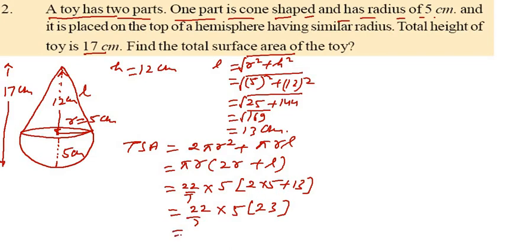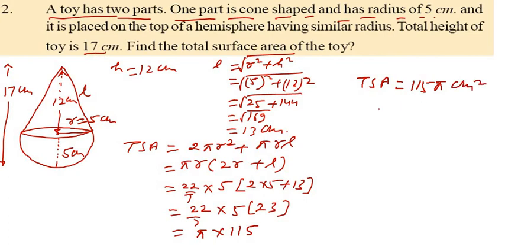Now you can calculate it and get the answer. If we are taking 22 upon 7 as pi, then 5 times 23 is 115, so your TSA will be equal to 115 times 22 upon 7, that is 361 centimeter square approximately.